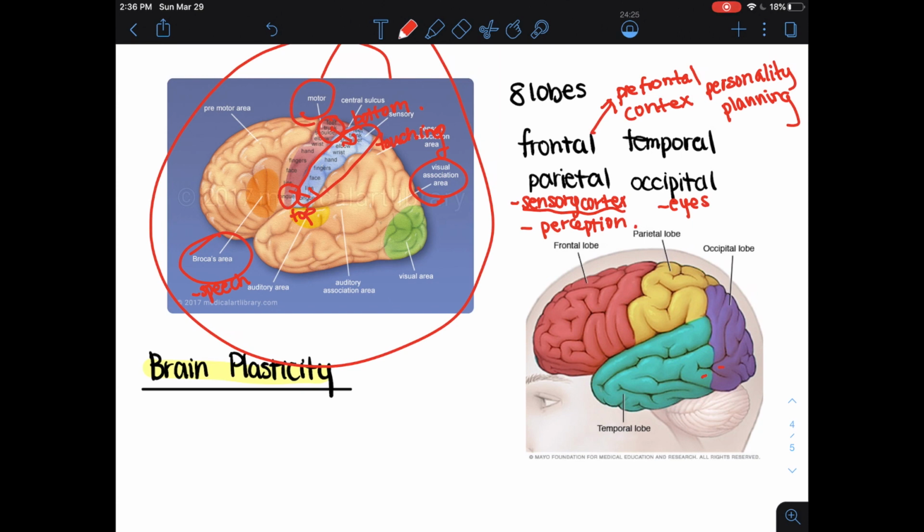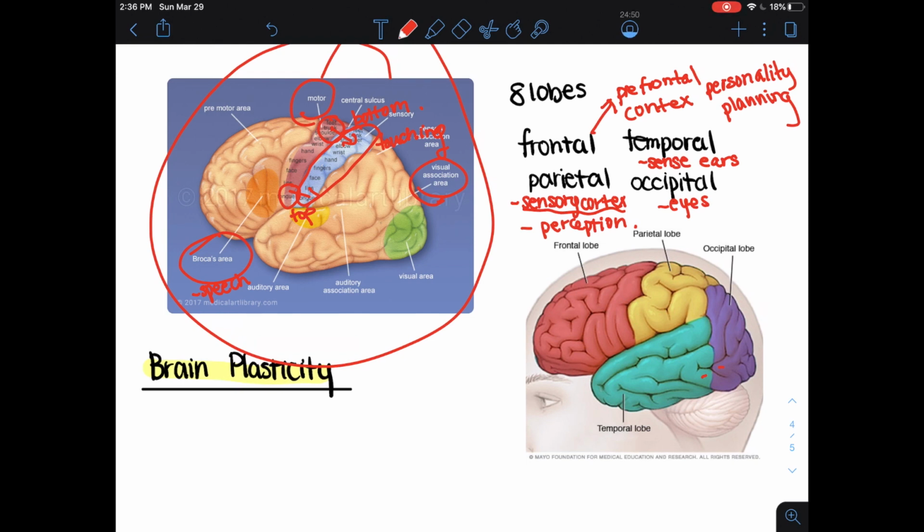So next you have the temporal lobe. The temporal lobe processes senses from ears. We know that senses from ears come in the form of sound waves. So sound waves get translated into neural impulses, which are interpreted in the auditory cortices. And then the sound of your left ear is processed in both hemispheres.